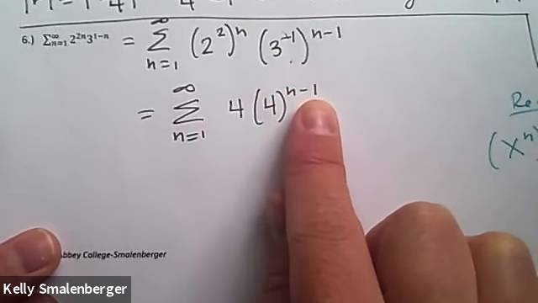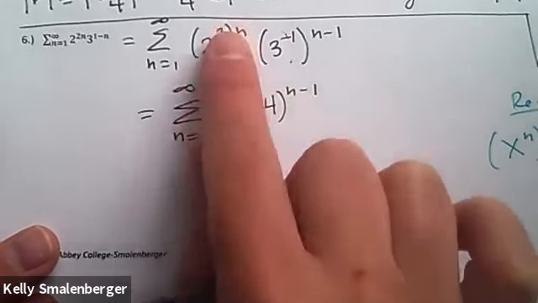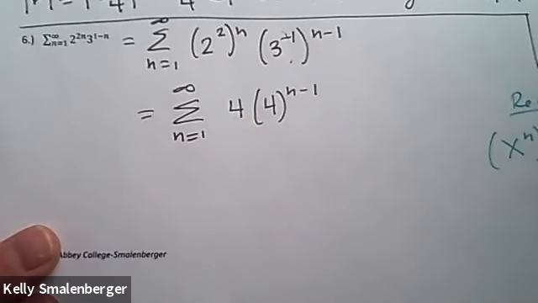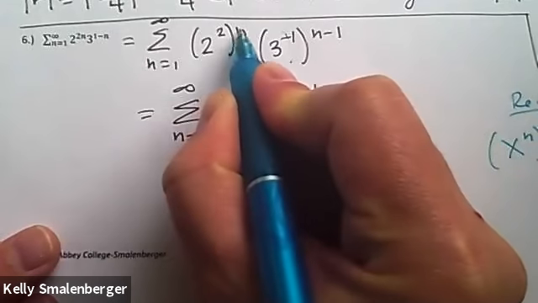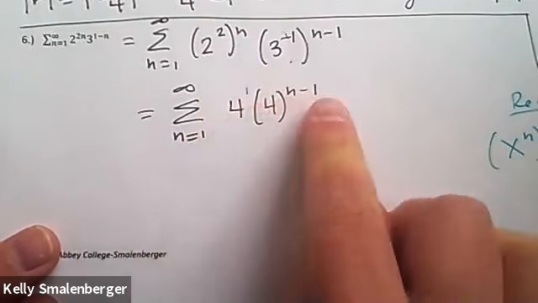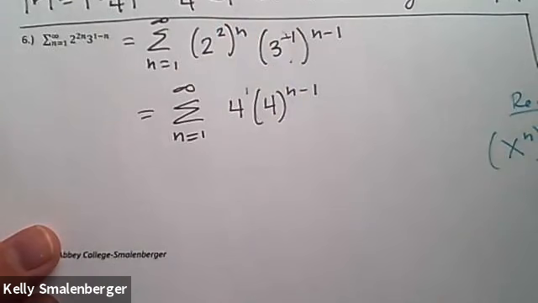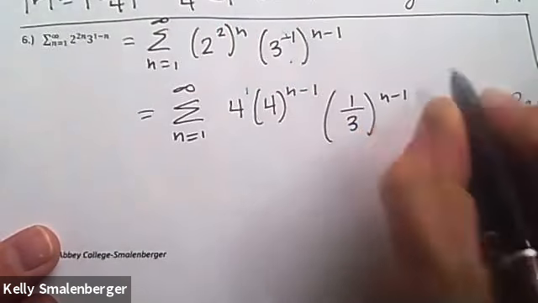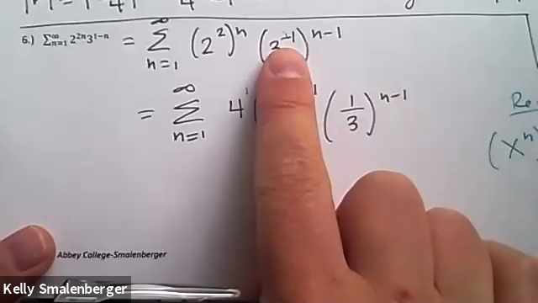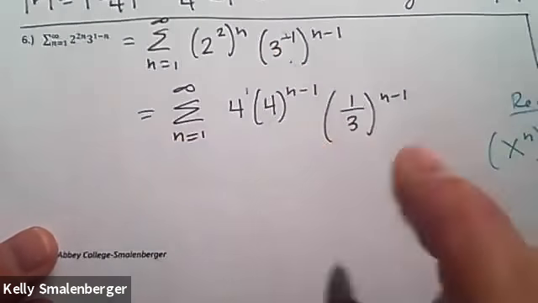Was this too fast, or is this okay? 2 squared is 4. So I'm saying n minus 1 plus 1 is n, right? I add these exponents to get that. And then here I have 1 over 3 to the n minus 1, right? The negative exponent, I bring that down to the denominator.